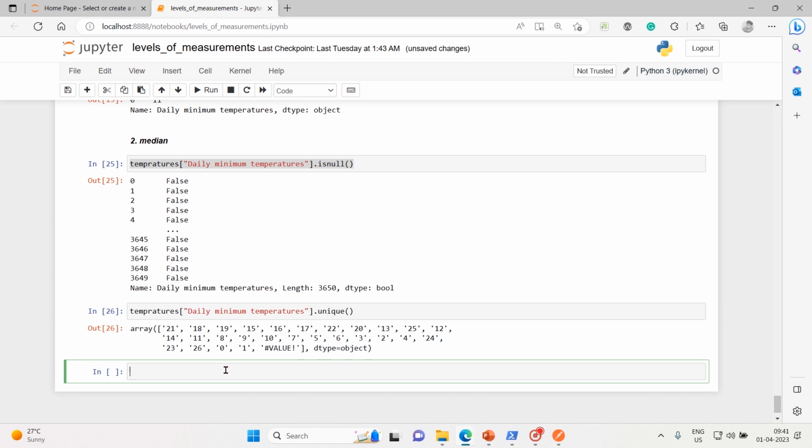So let me save it into an X. I will take the temp series equal to the daily minimum temperatures dot replace.